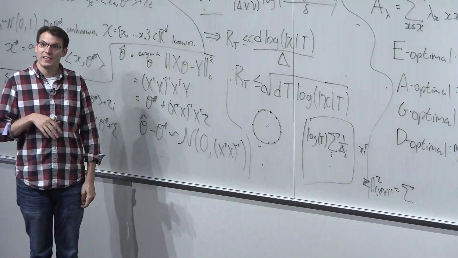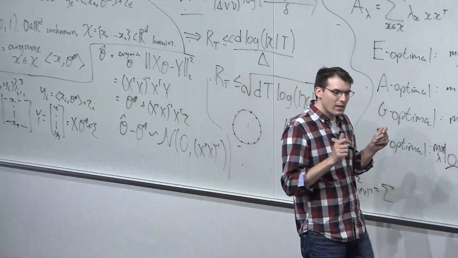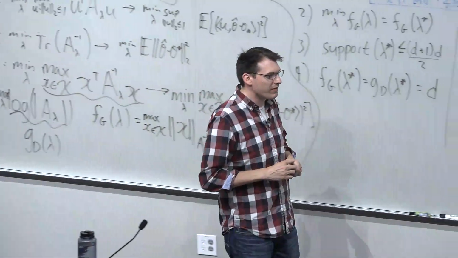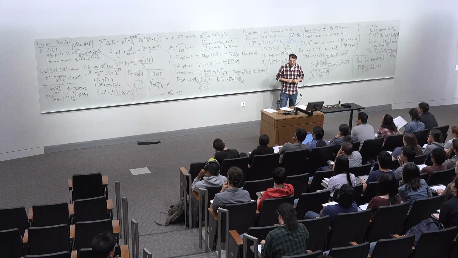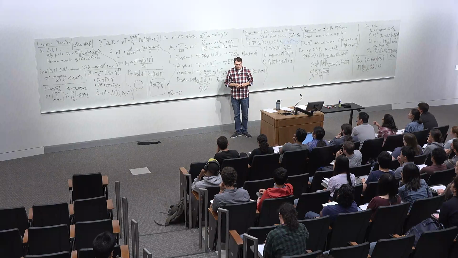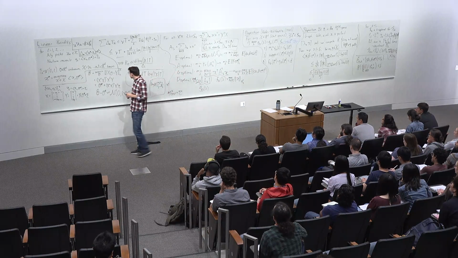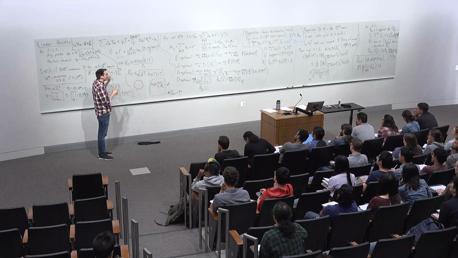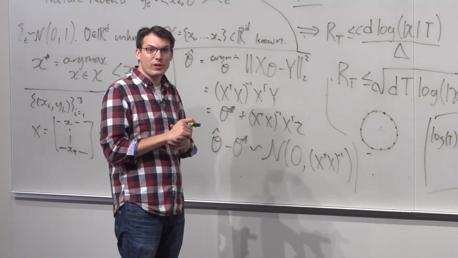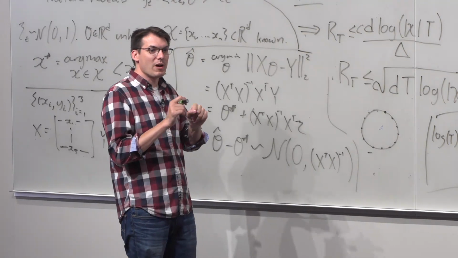That's very bad. It means that we're just pulling every arm sort of uniformly at random. In some sense, the fact that the arms have different means is not really being respected here. It means this algorithm is not taking advantage of the geometry of the problem to the best degree it can. And just as an aside, if we run this algorithm for pure exploration, we'll get something that's exactly d over min gap squared, which is no better than just uniform exploration, meaning not being adaptive at all.